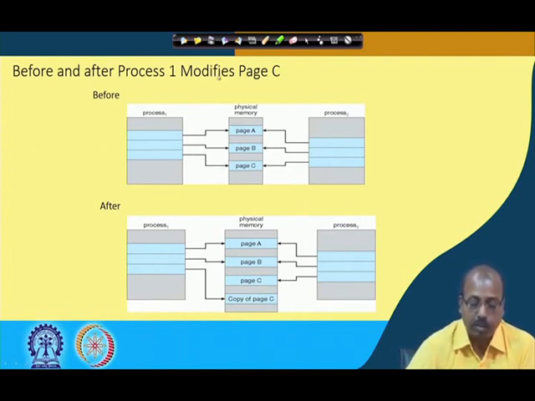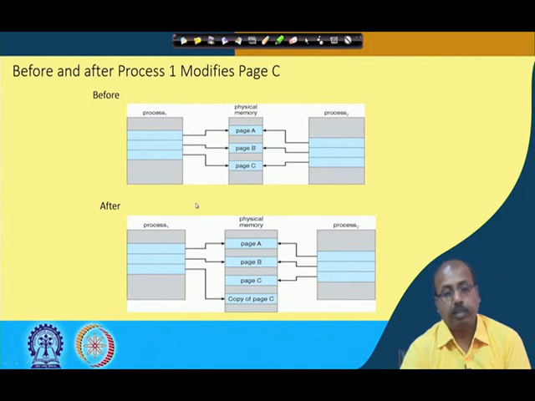After process 1 modifies page C, we have to give it a copy of page C. The copy of page C is given, and now this page table pointer points to the copy, whereas process 2 is pointing to the original page. So, this is the copy on write principle. Once we have to do a write operation or modify a page, we have to make a copy of that.